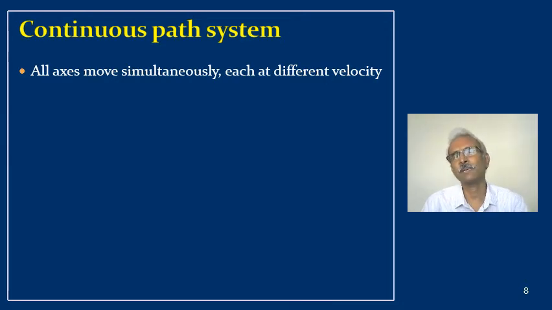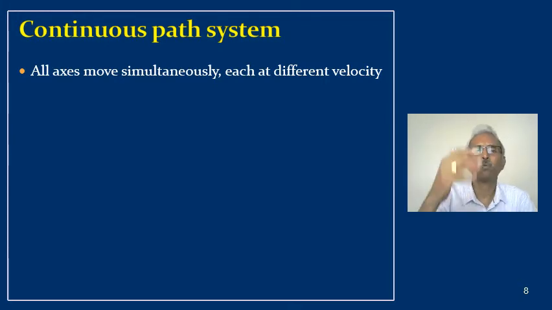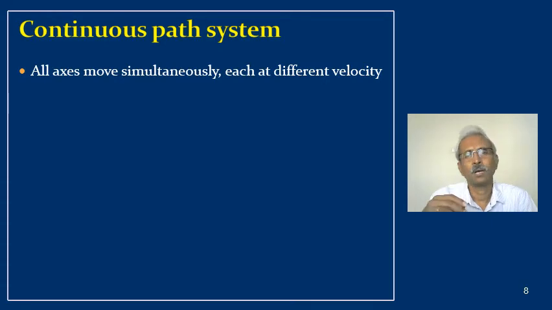The same thing happened in the previous case also. Of course, one difference between point to point and continuous path is that in a point to point system, one axis will move at a time. The movement is either in the x-axis alone or in the y-axis alone.